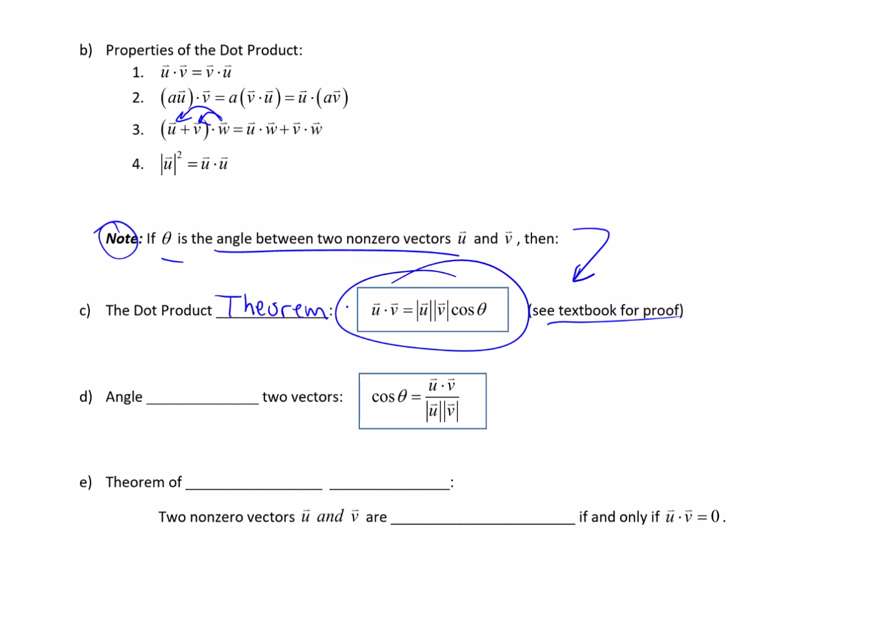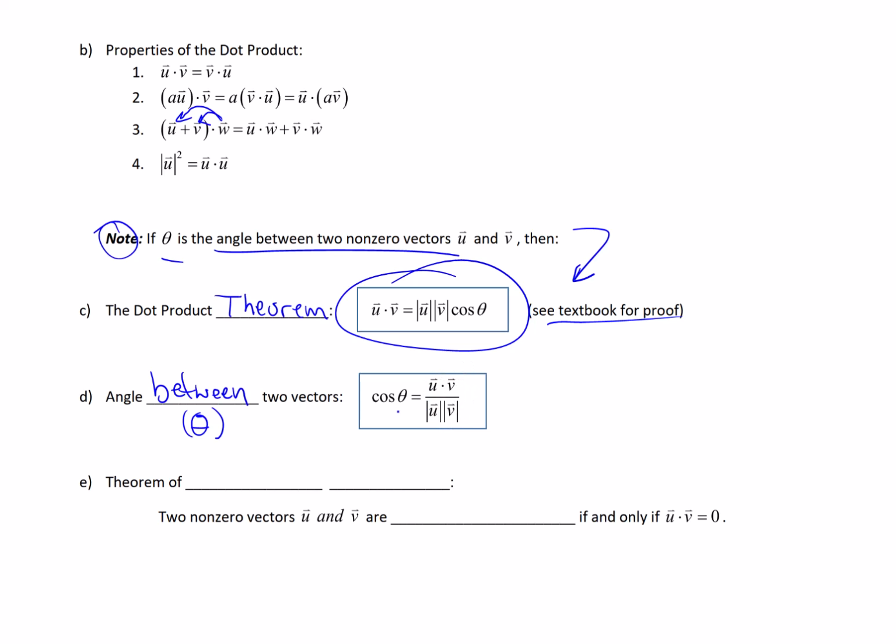Secondly, we could talk about the angle between two vectors in the following way. Remember, we're assuming that theta is the angle between two vectors, as defined above. If so, then the cosine of theta is equal to a fraction whose numerator is vector u dot vector v, the dot product, and whose denominator is the product of the magnitudes of those vectors.